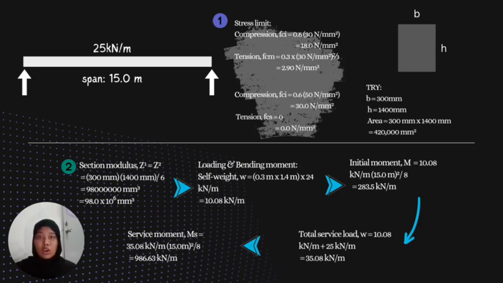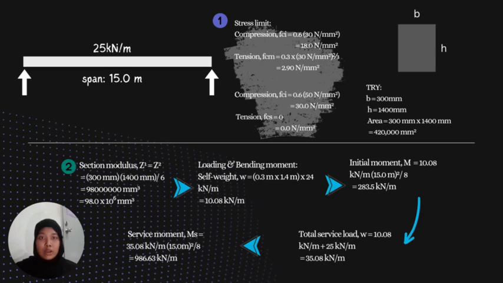We get the compression of 80 Newton per millimeter square and 30 Newton per millimeter square. And we get the tension fcm is 2.90 Newton per millimeter square and the fcs tension is 0.0 Newton per millimeter square.